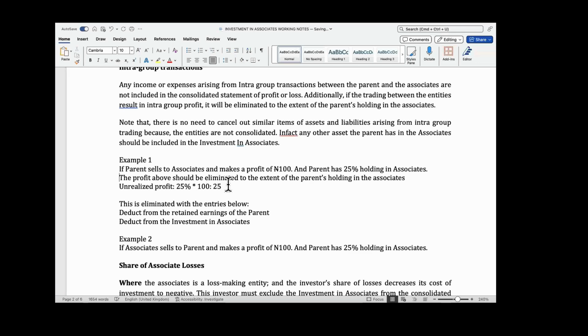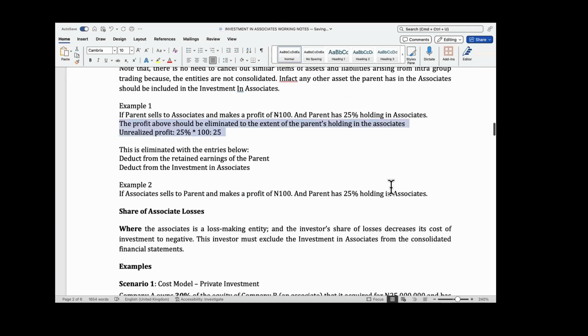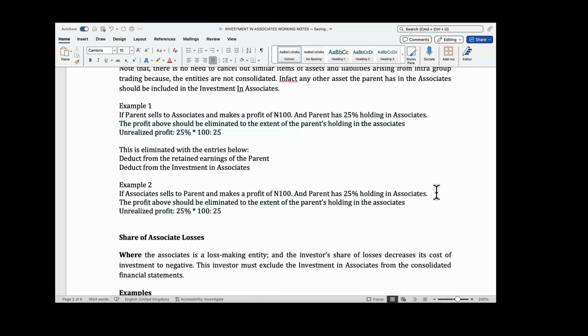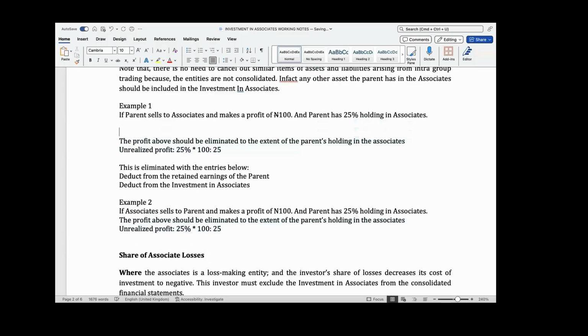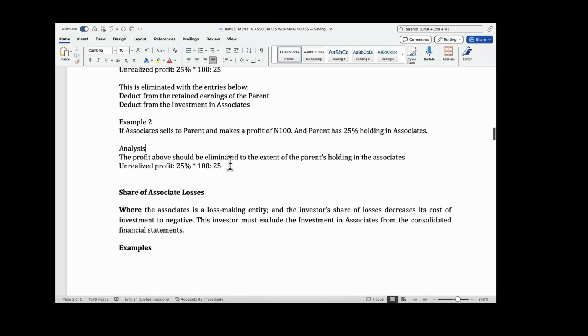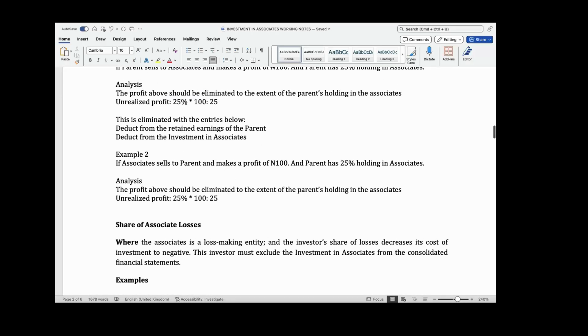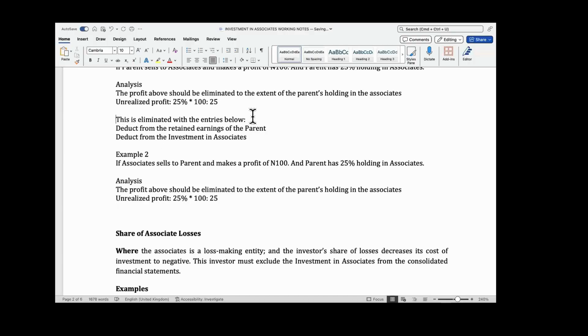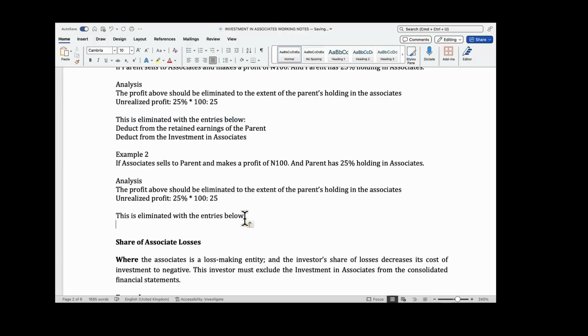So again, the profit above should be eliminated to the extent of the parent's holding in the associate. So in this case, the unrealized profit is 25. So how do we eliminate this?